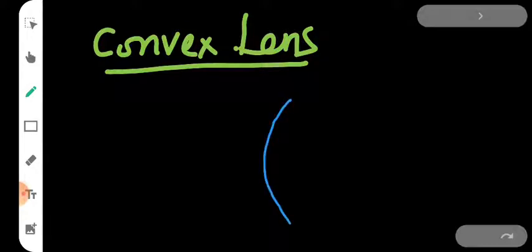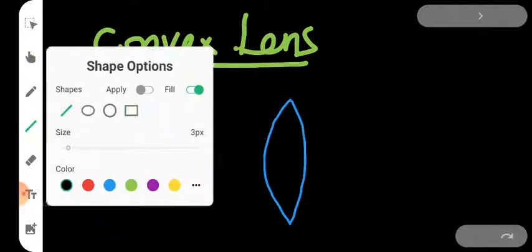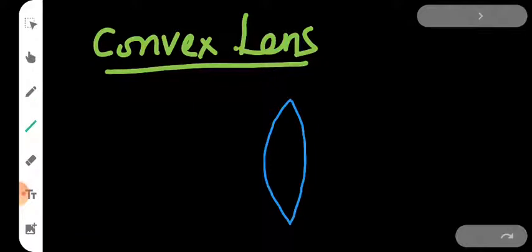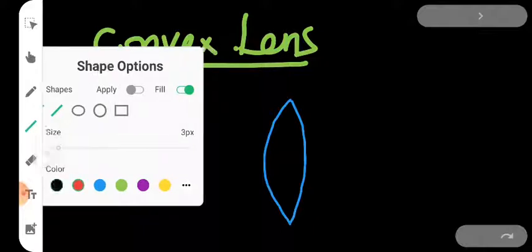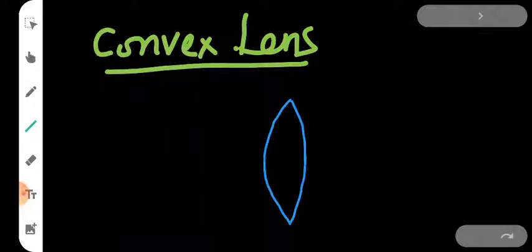So there it is. You have your convex lens, since you know the refracting interfaces, this interface and this interface must be bulged outward. Okay, what else do you need? You may need a principal axis.